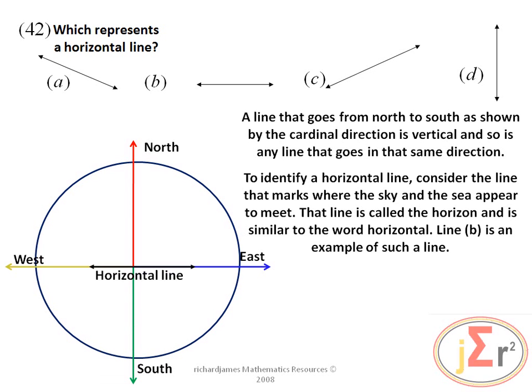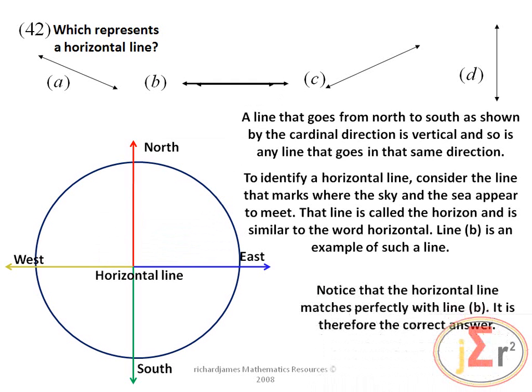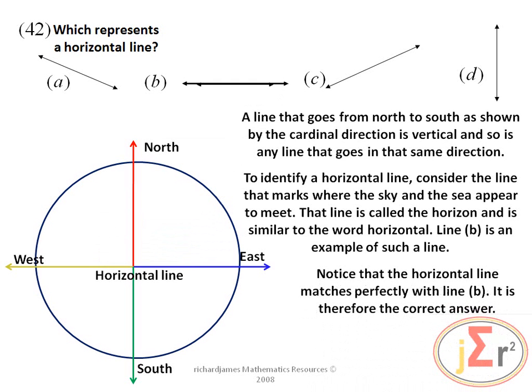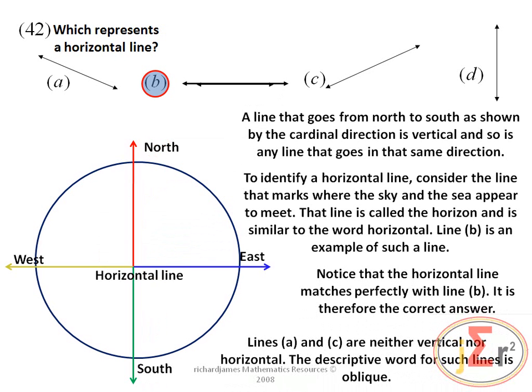So there is our horizontal line in the same direction as the horizon, going from east to west. Notice that the horizontal line matches perfectly with the line B. It is therefore the correct answer. Lines A and C are neither vertical nor horizontal. The descriptive word for such lines is oblique.